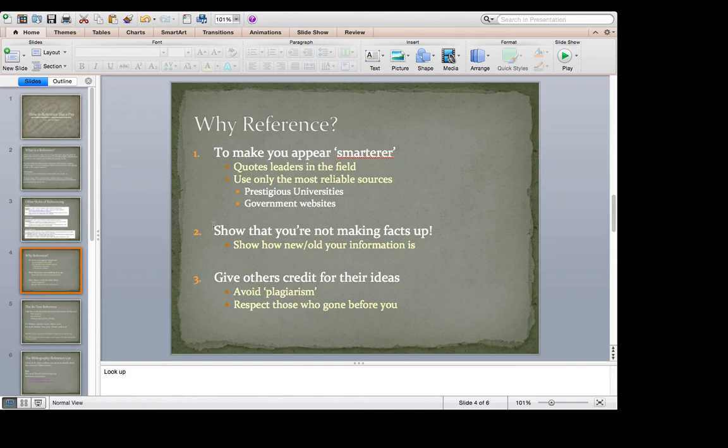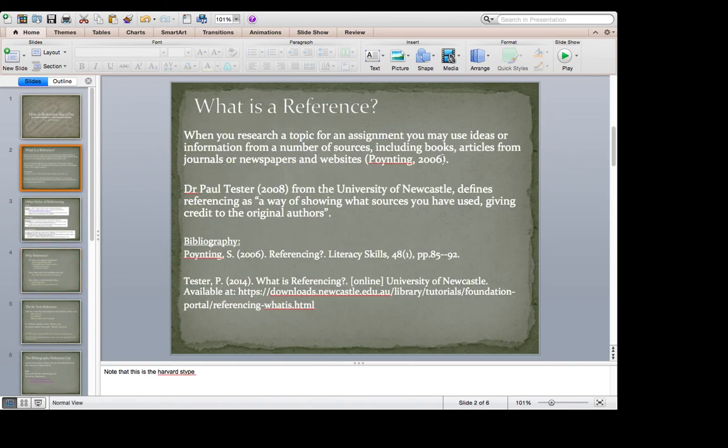It also shows that you're not making the facts up. Because here's the thing, in year 7, 8, 9, any time in high school, you can't just say anything that you want. Unfortunately, you have to have that verified by someone who's in the field, someone who's a leader. So it shows also how new or old your information is. You can see here, this one was 2006. That's getting a little dated now. It's 9 years ago.